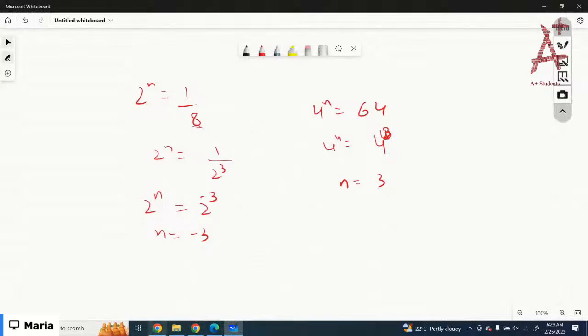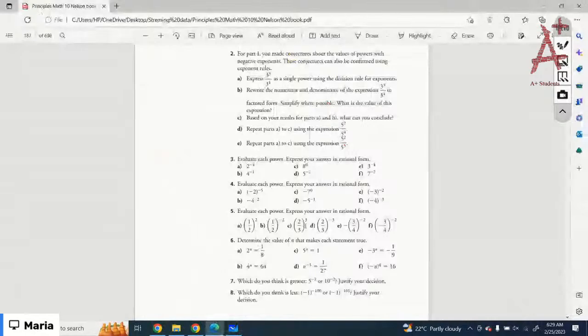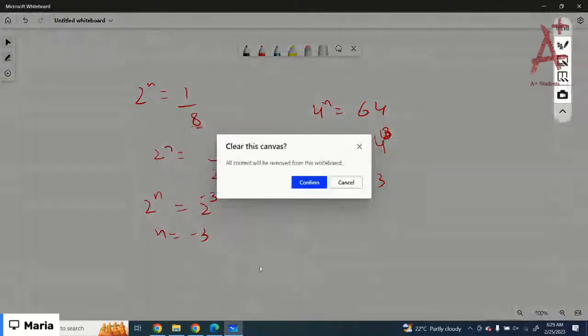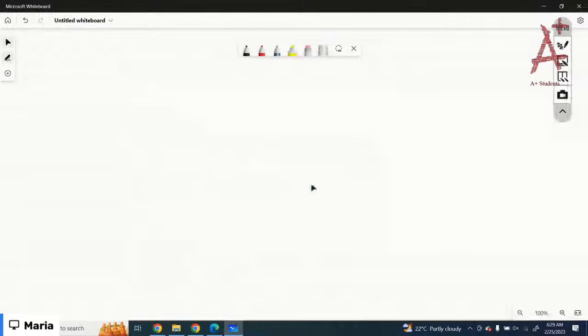The next one is n exponent -3 equals 1 over 27.